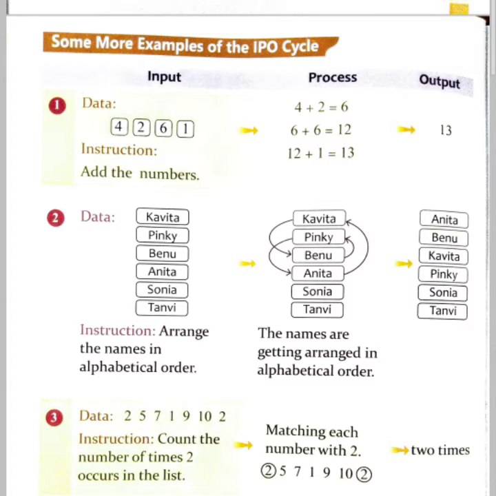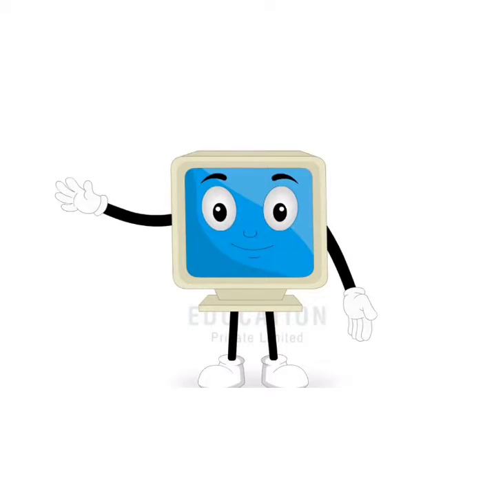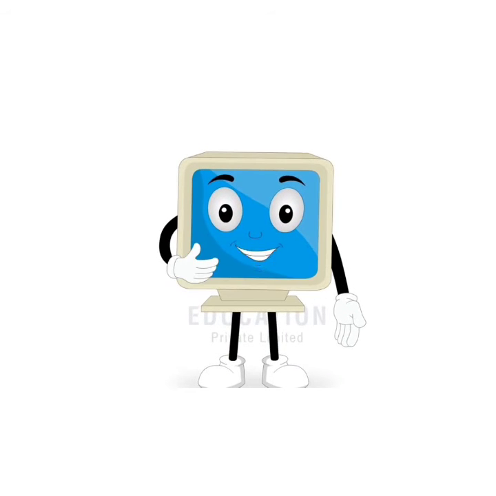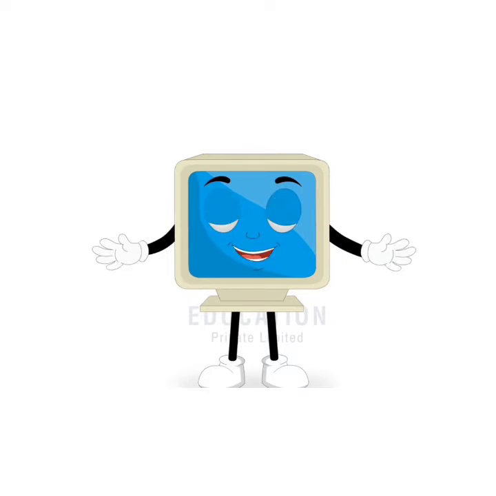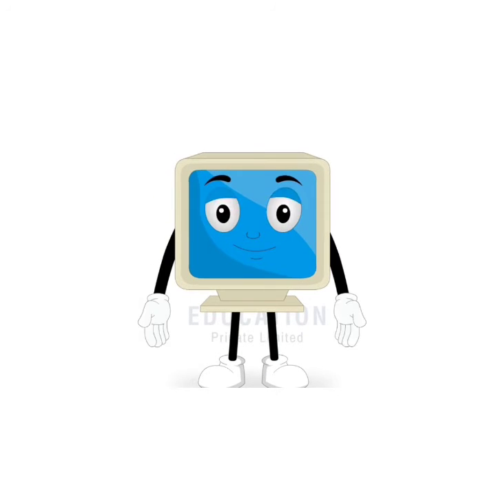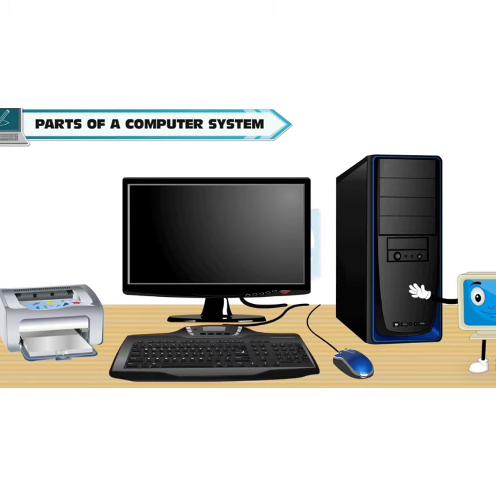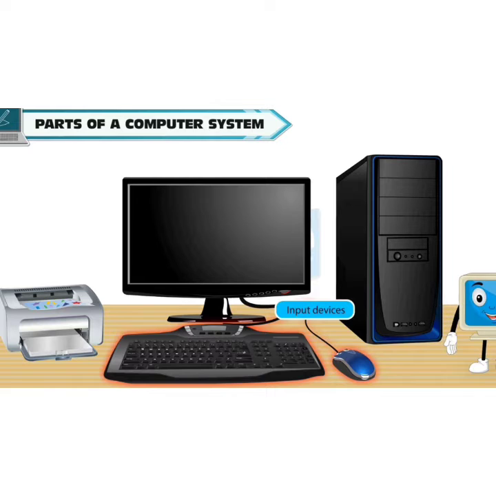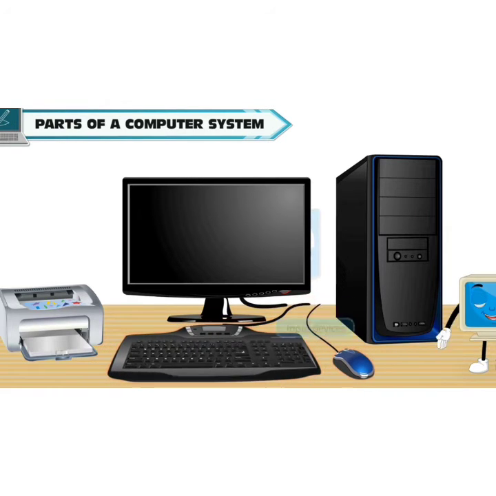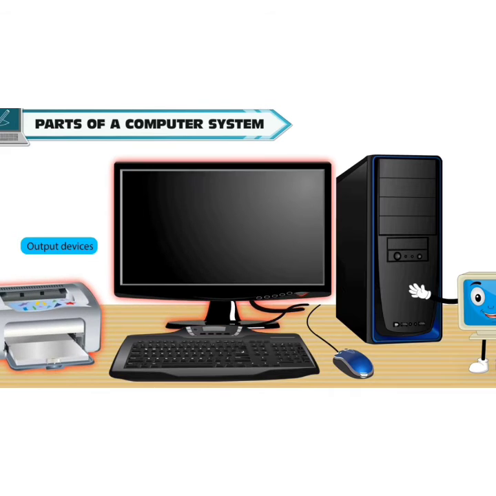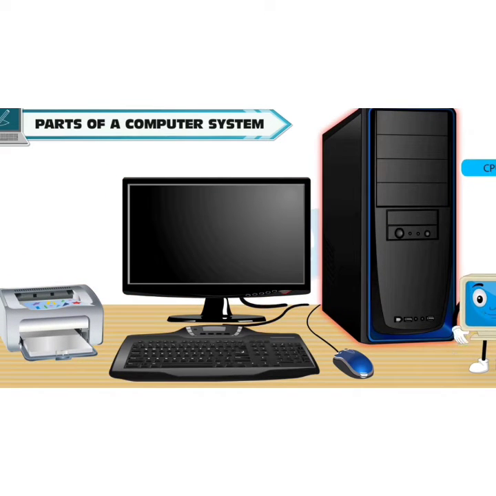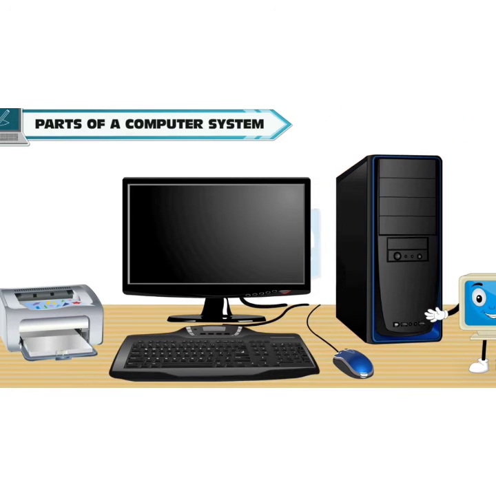Okay, so chalo. The different parts of a computer have separate functions, but they all work together to complete a task. A computer system consists of the many parts that make up the computer. These parts are divided into input devices like keyboard and mouse, output devices like monitor and printer, and the CPU where all the memory is present and all the data is processed.